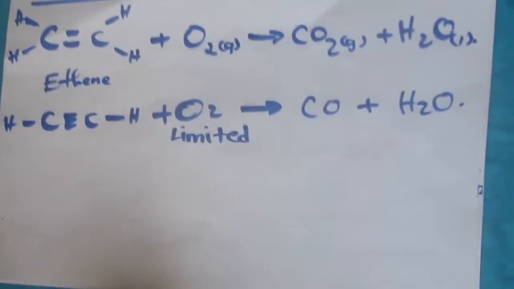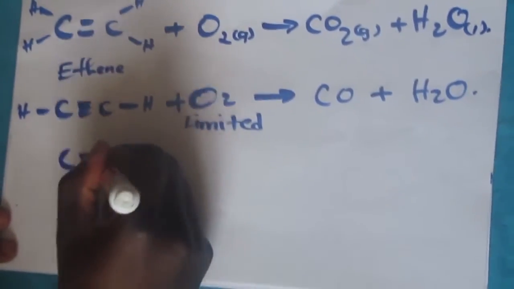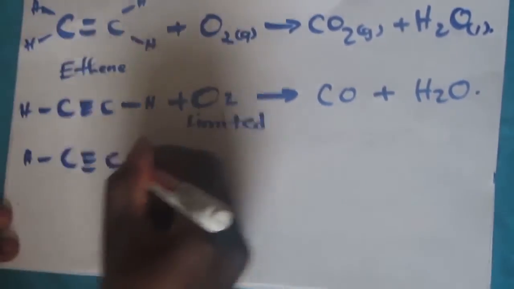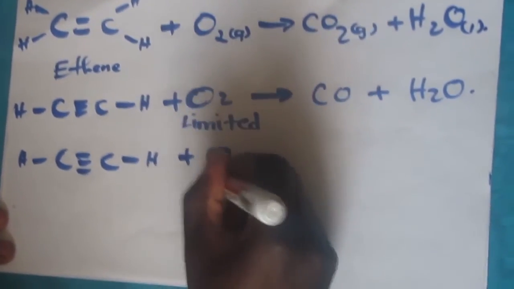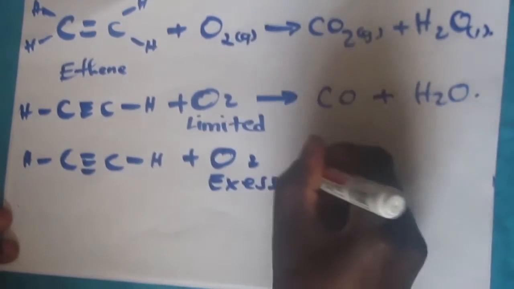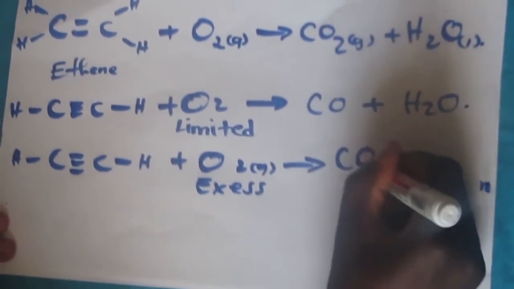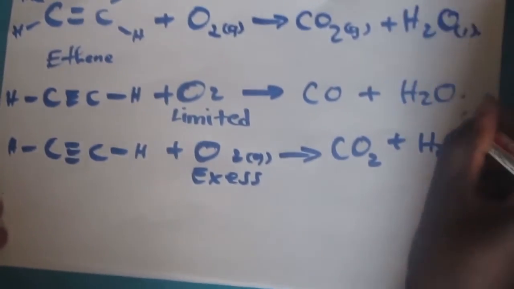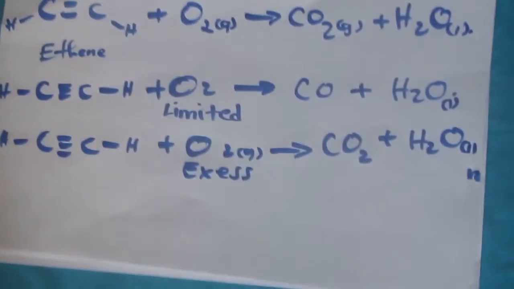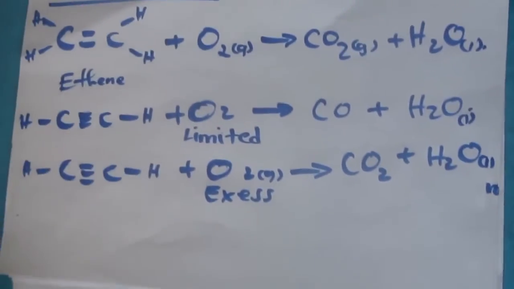Of course, you will be able to balance the chemical equation. Let's take now ethyne with oxygen in excess. With this oxygen gas, you will now end up getting carbon dioxide plus water, liquid. So these are the products of combustion.